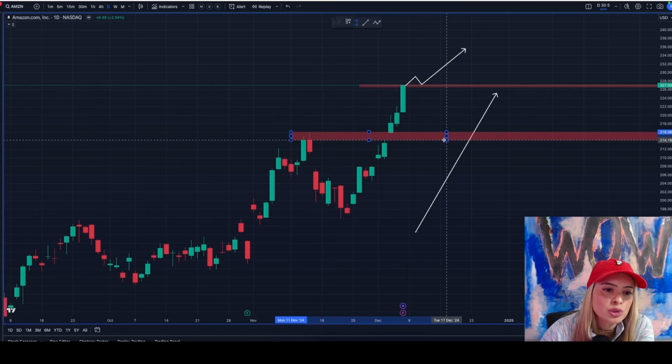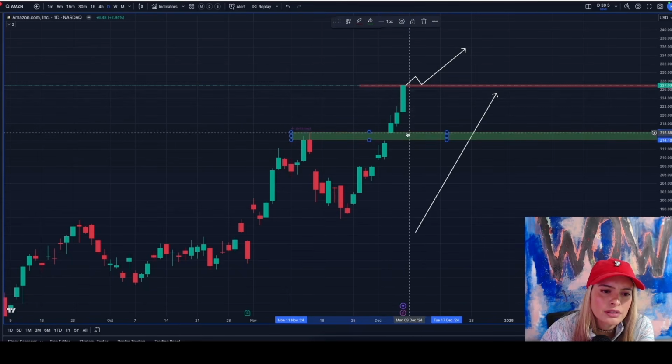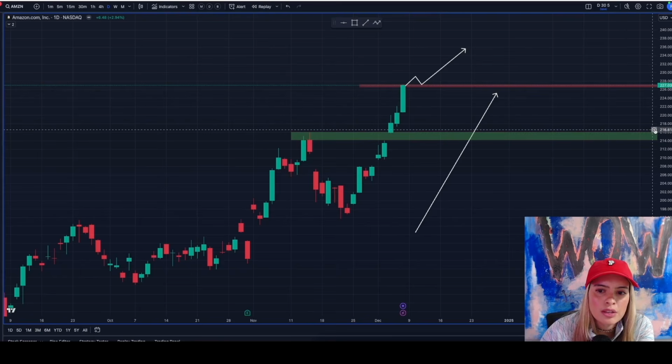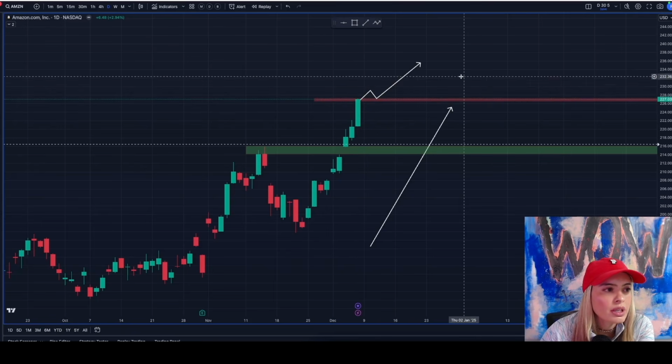So if it pulls back to this level, that will be amazing, so we can enter there. And then also there is a little gap here, so I'm gonna put an alert here just in case we have a pullback to this previous all-time high. But I think Amazon, based on this candlestick, is gonna break this resistance and keep going higher.